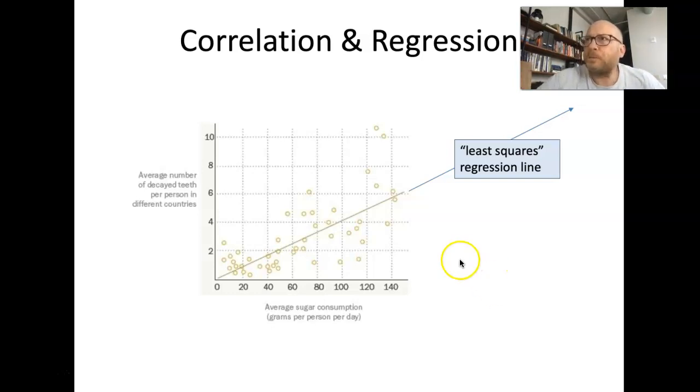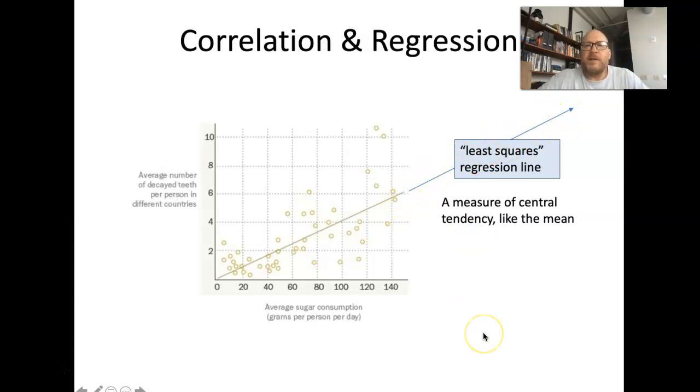But here, what you see is that this line could just go on forever. What this line represents is a measure of central tendency, kind of like the mean. The way I want you to think about that is this is average sugar consumption. If it's around 20, on average, the number of decayed teeth is about 1.